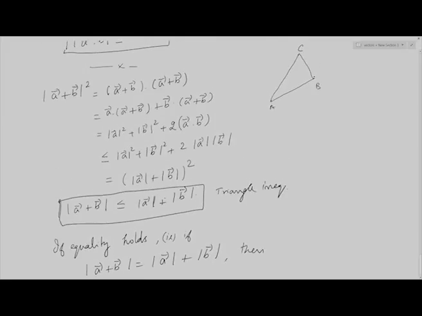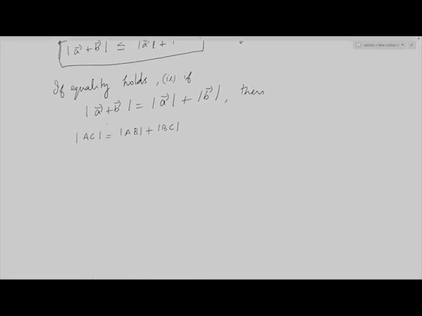The length AC is equal to the length AB plus the length BC. What it means is simply that A, B, C are lying on the same line. So, we say A, B, C are collinear points.